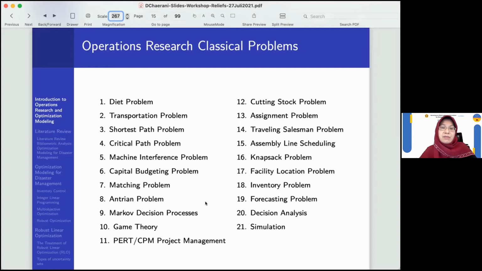So let's say that we have an optimization problem, we can compare it to other well-defined problems like what we can see on the screen. And there are 21 well-defined problems, starting from modeling and also solving, that have been proposed by researchers, and they are competed on from time to time.